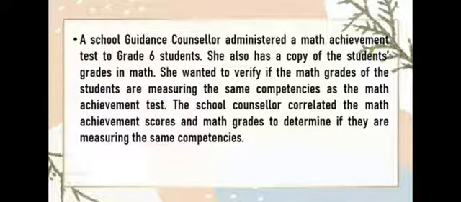She also has a copy of the students' grades in math. She wanted to verify if the math grades of the students are measuring the same competencies as the math achievement test. The school counselor correlated the math achievement scores and the math grades to determine if they are measuring the same competencies.